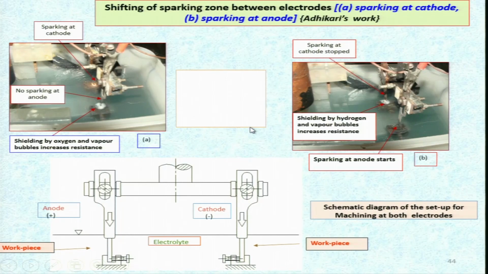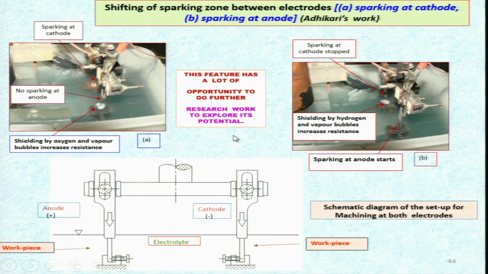Setup is the same, except that some conditions are changed, and this feature has a lot of opportunity for further research work to explore its potential. It is very interesting, and this was the first time this paper was published showing that sparking can take place either at the cathode or at the anode, depending upon the relative sizes of the cathode and anode and the machining conditions.